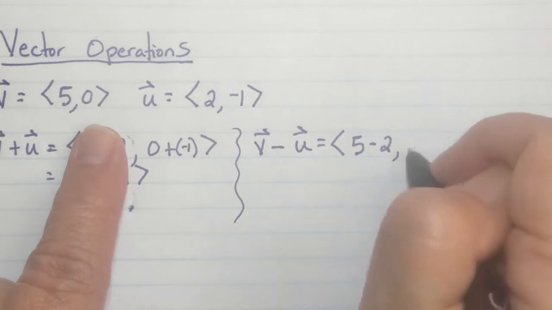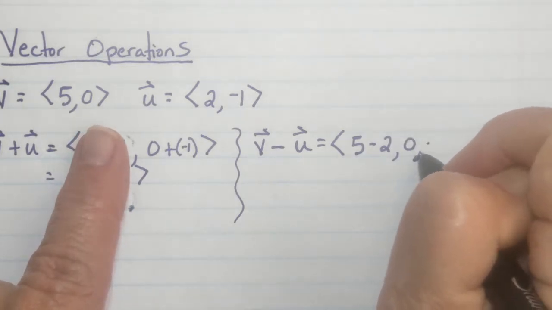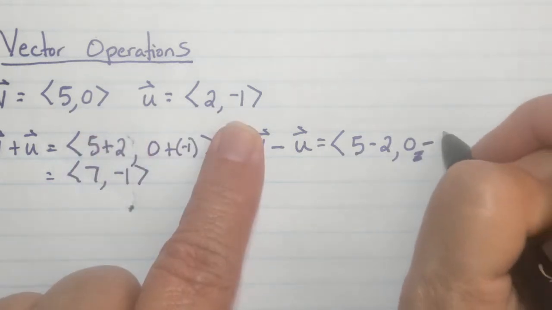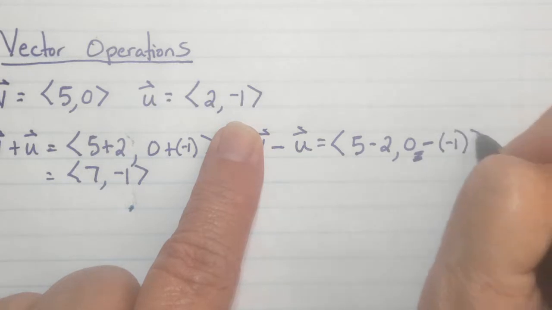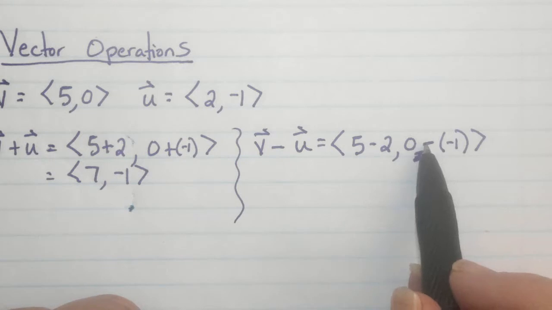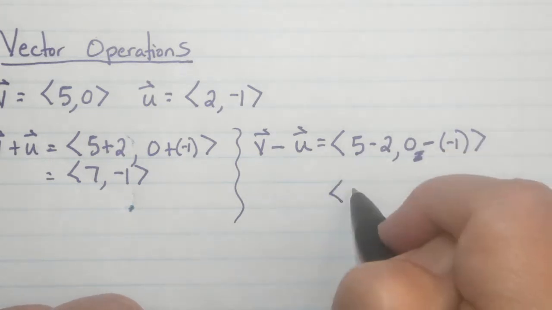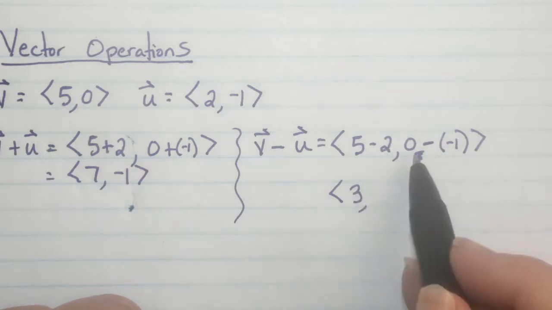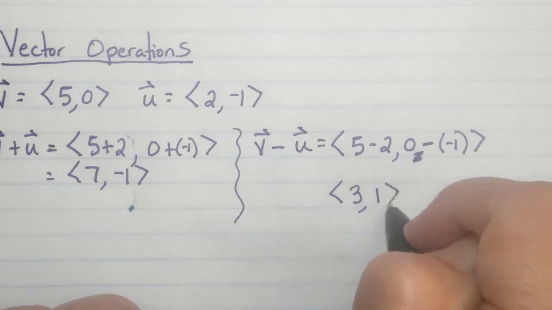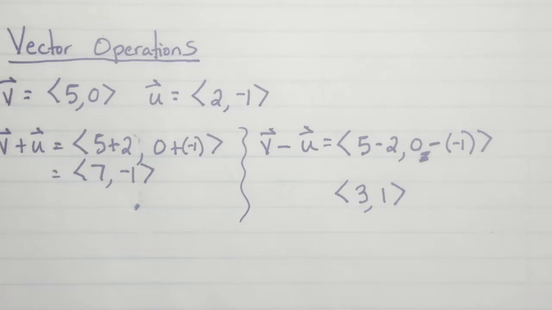Then I take my vertical component of 0, and not a comma there, I subtract my vertical component of negative 1. Horizontal minus horizontal, vertical minus vertical. And then my resultant vector: 5 minus 2 is 3, 0 minus negative 1 is 1. So that's how we add and subtract vectors.